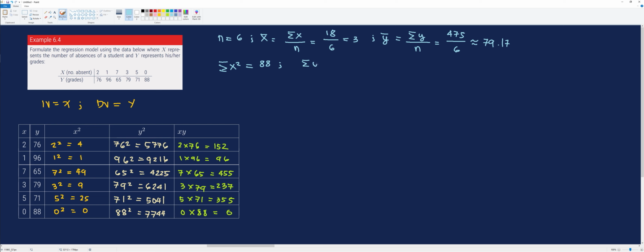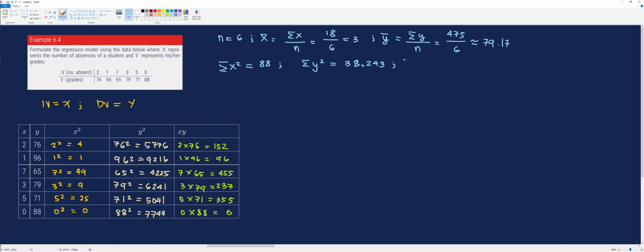Next, we compute the summation of y squared, which is equal to 5,776 plus 9,216 plus 4,225 plus 6,241 plus 5,041 plus 7,744, which is equal to 38,243.